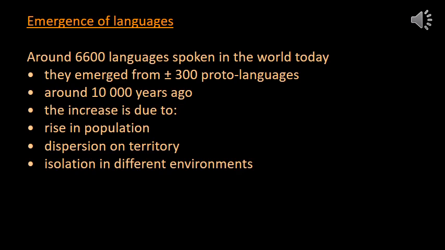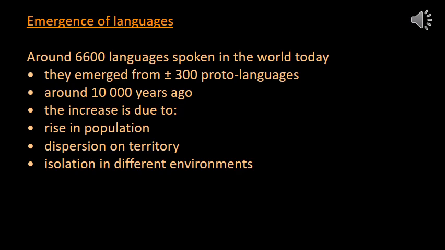So this population traveled throughout the territory and colonized new territories. But 10,000 years ago, up to a few hundred years ago, we had very slow communication technologies and transportation technologies.